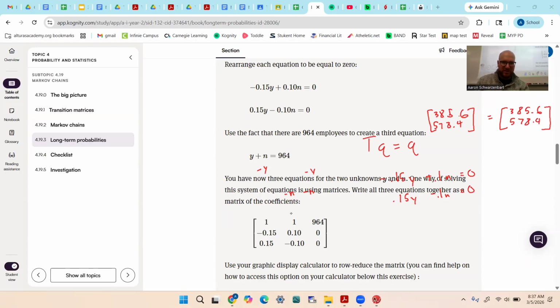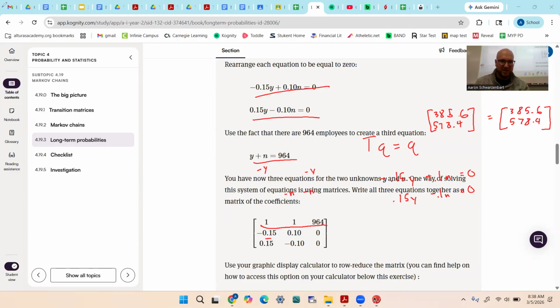So I've made a matrix. My first line is going to be that. My second, and it probably doesn't matter that much, but go in a semi-logical order. And what we're going to do is what's called reduced row echelon form.